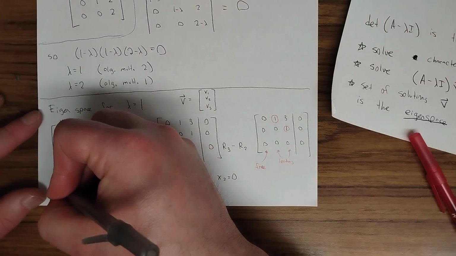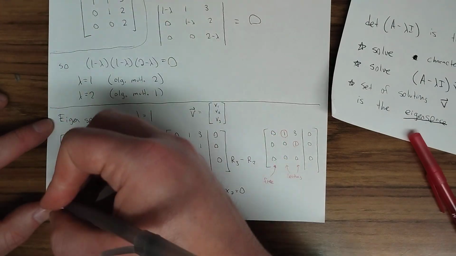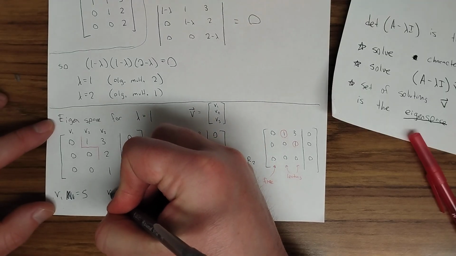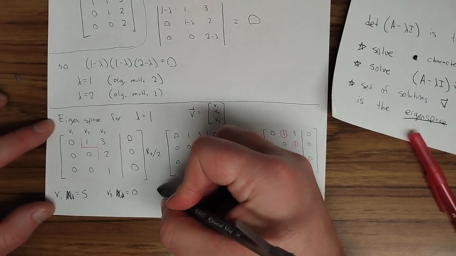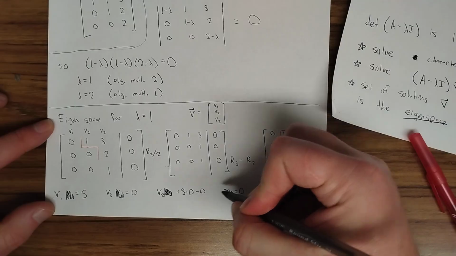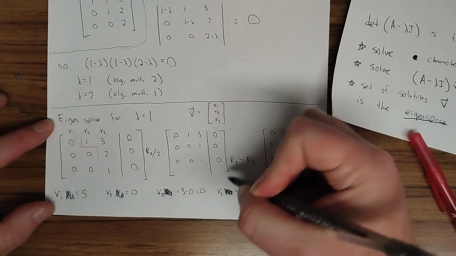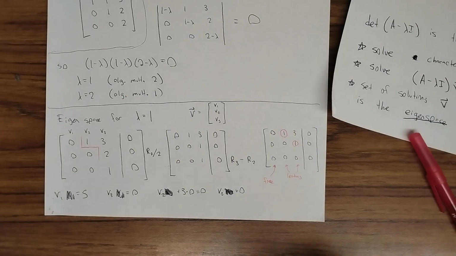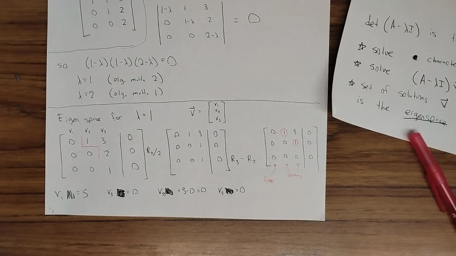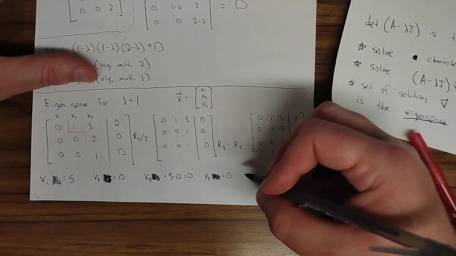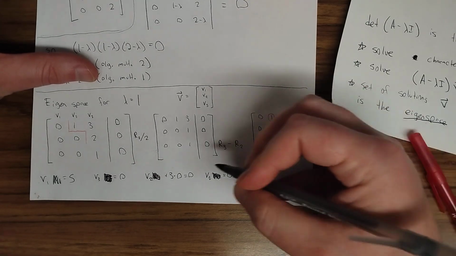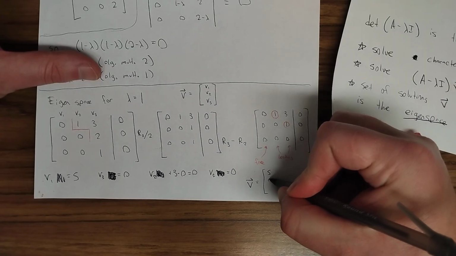Or, I'm sorry, I was calling this v1, v2, v3. I'm running out of room here, but my v is: v1 was s, and then 0, 0.